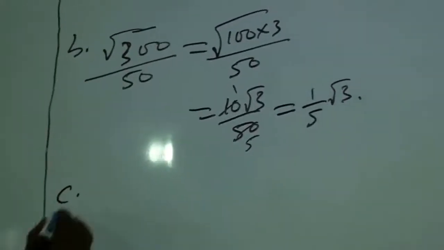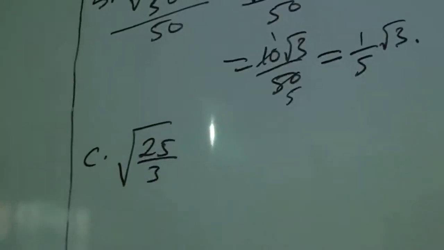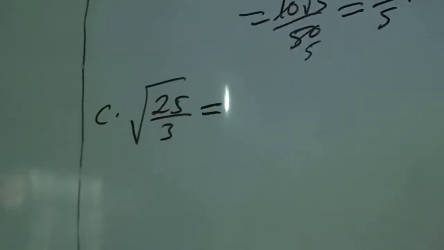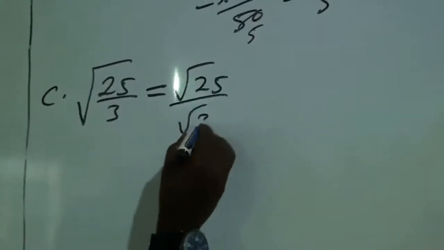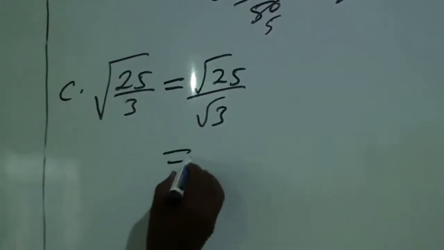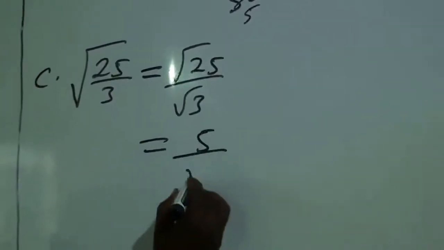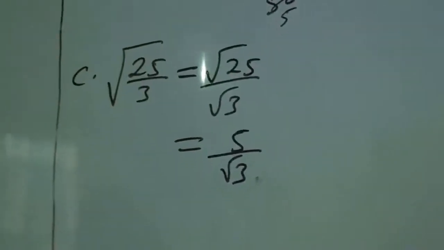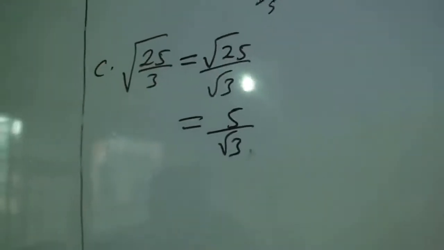The next question is square root of 25 all over 3. And then from our rules for manipulating surds, this can be split into root 25 all over root 3, and that will mean 25 is a perfect square, and the root of 25 is 5 all over root 3. So you see, this is where we now have to what? Rationalize, because we can't leave this root 3 in the denominator.